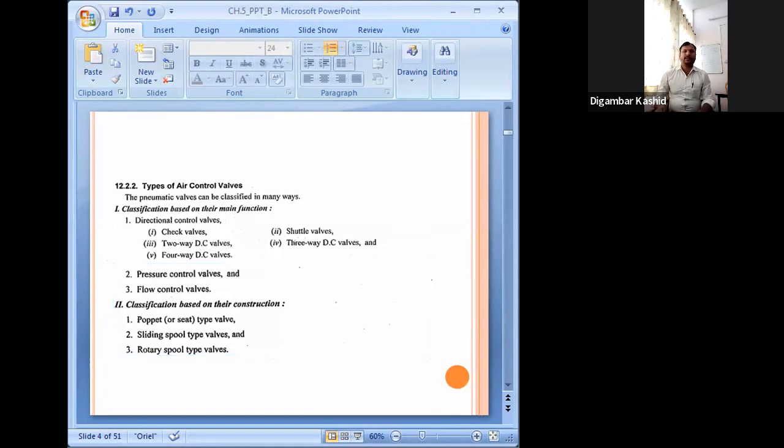Is it correct? Whether we have discussed these valves, please reply to me in the chat box. Whether we have discussed this in the hydraulic part, the classification, construction, and working of the valves I have told you here. Only one student has given a reply. Other students, please reply.